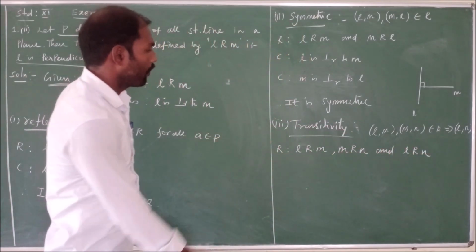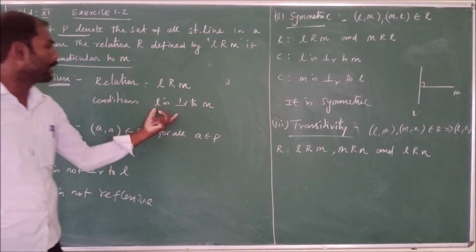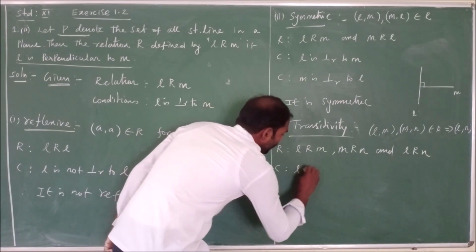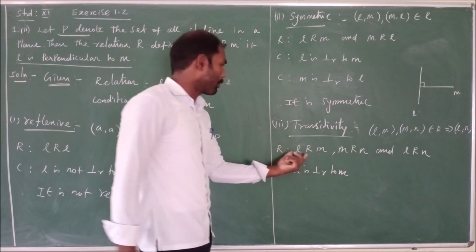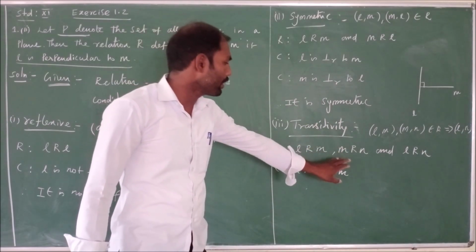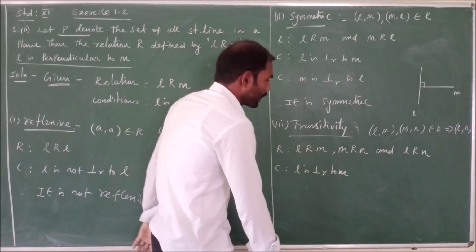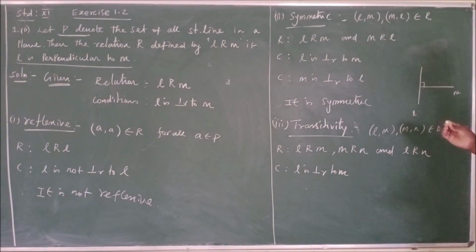What is the condition for L related to M? L related to M means L is perpendicular to M. So the first condition is L is perpendicular to M, which is satisfied. The second one is M is perpendicular to N. Let us take any three straight lines.